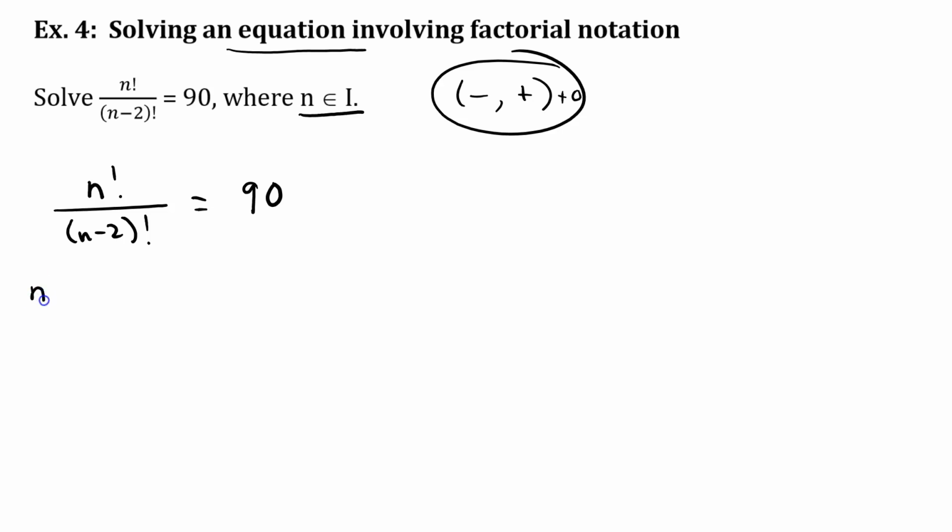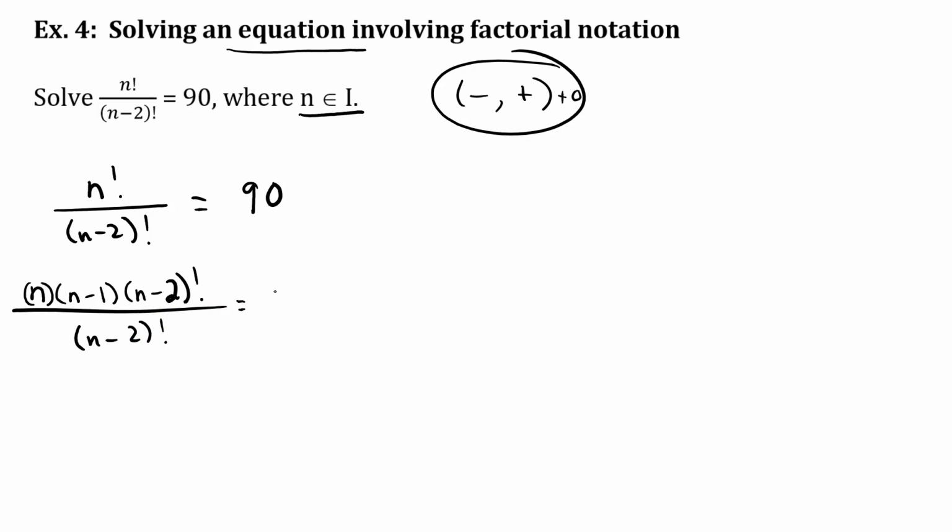So I would say n times n minus 1 times n minus 2. Oh, n minus n, that's confusing. That would be 0, folks, and that's not what we want. n minus 2 factorial. Now we stop at that point because we notice that in the denominator we have an n minus 2 factorial, so we can cancel with it.